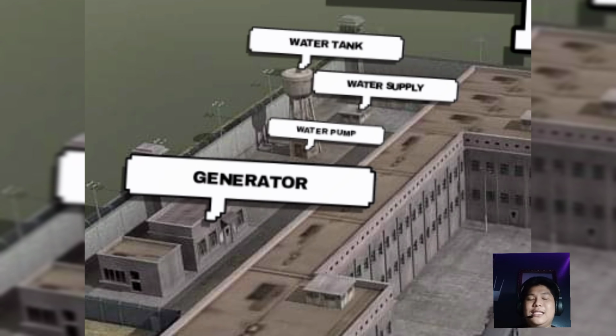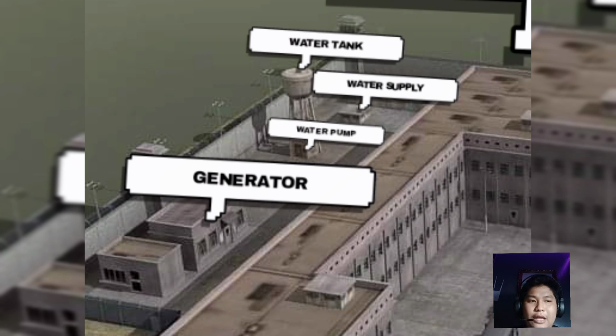And in this cell city analogy, you can see in a separate building outside the enclosed building the generator.